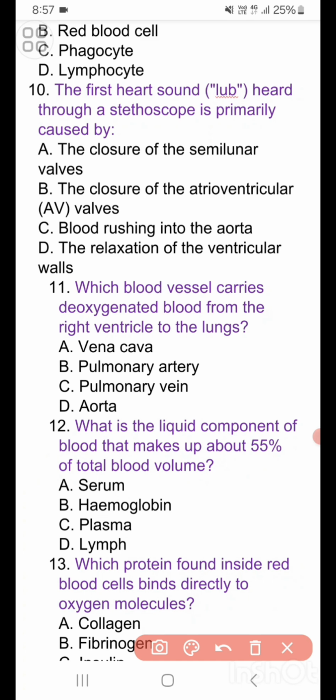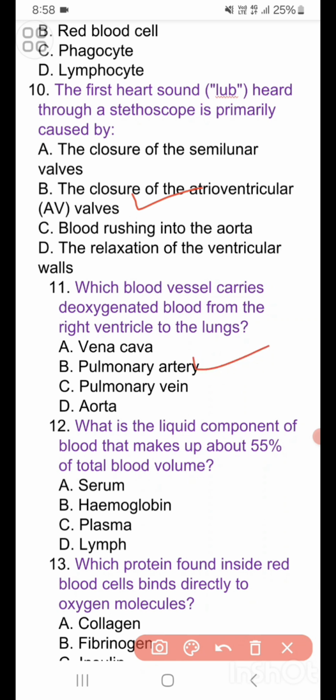The first heart sound lub heard through a stethoscope is primarily caused by the closure of the atrioventricular valves, AV valves. Which blood vessel carries deoxygenated blood from the right ventricle to the lungs? Pulmonary artery.